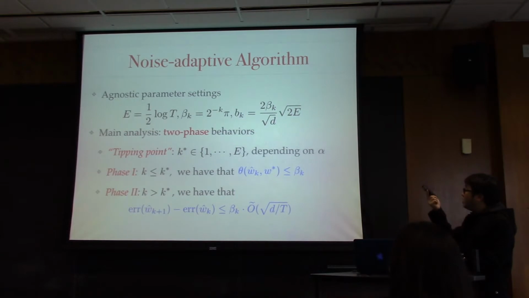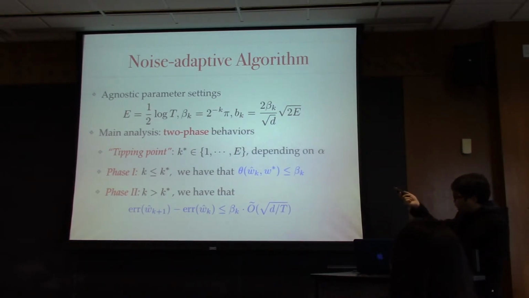So I'm just shrinking beta k by 1/2 per iteration, and the margin is just a linear function of beta k times some square root of the number of iterations divided by square root of the dimension. So to set these three key parameters, you no longer need to know the alpha of your TNC noise.